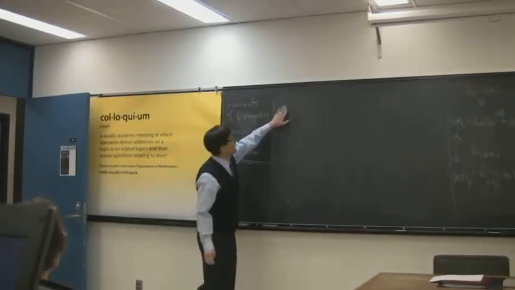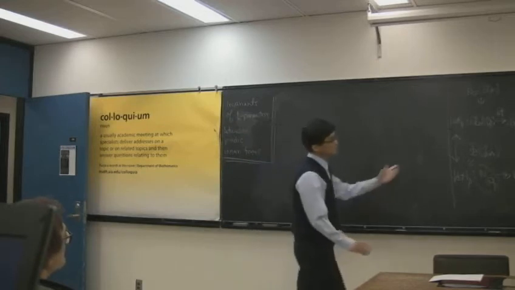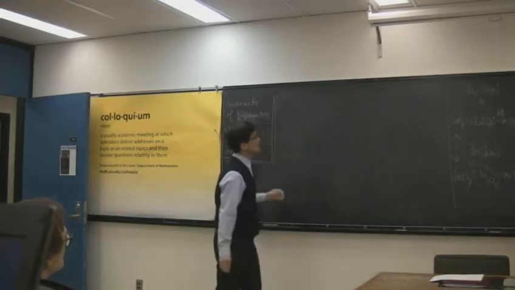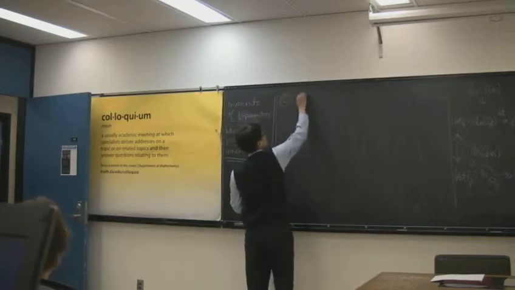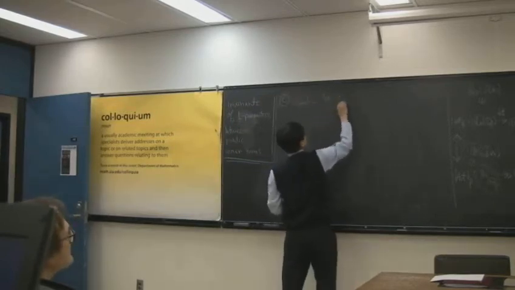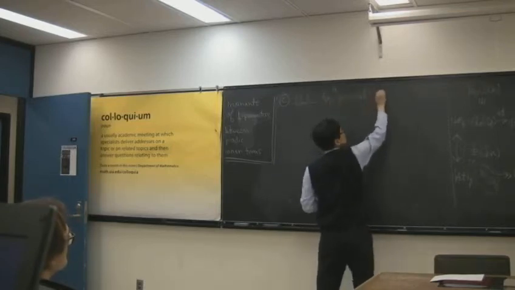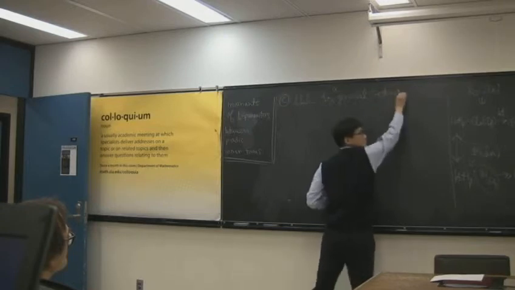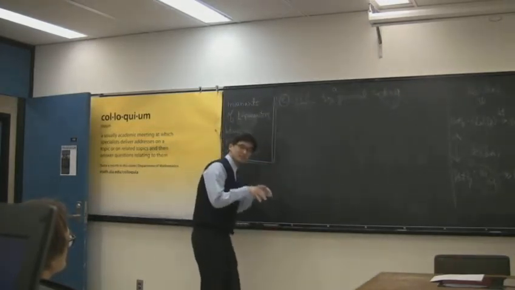All right, and this is the local Langlands correspondence for GLN. Now it's time to talk about the general notion of local Langlands correspondence for the general setting. In order to cover this, I need to bring in new terms.